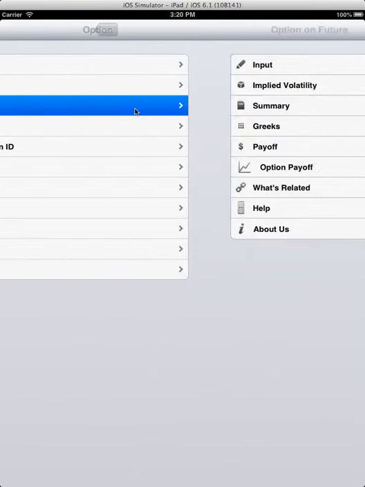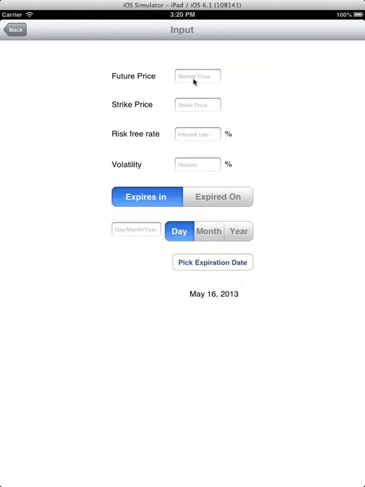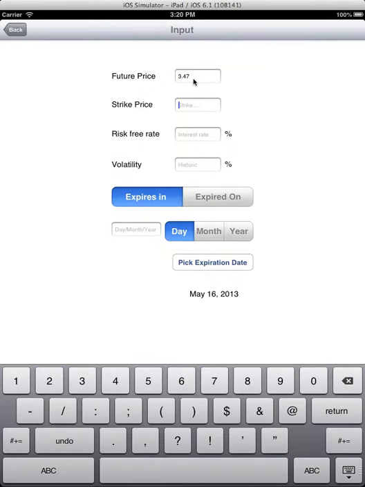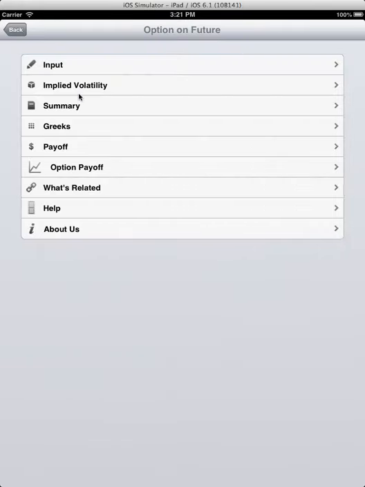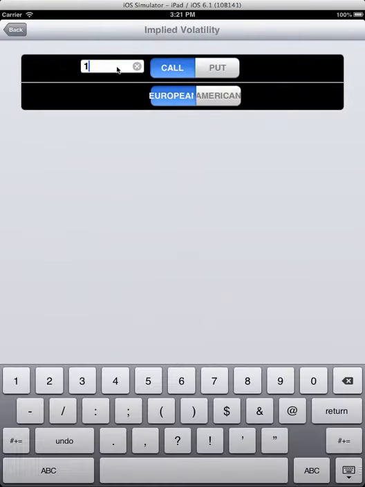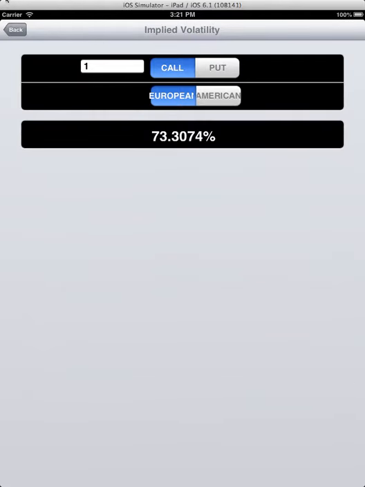And option on future input, say 3.47, strike price is 5, expiry rate and the volatility, say expires in 2 years from now. And then we see the implied volatility if it is $1. So this is what it is.